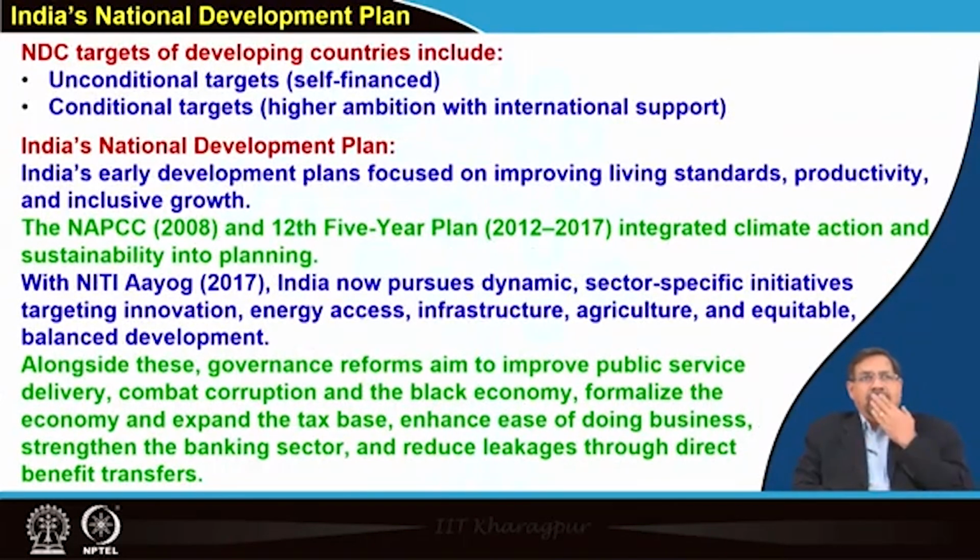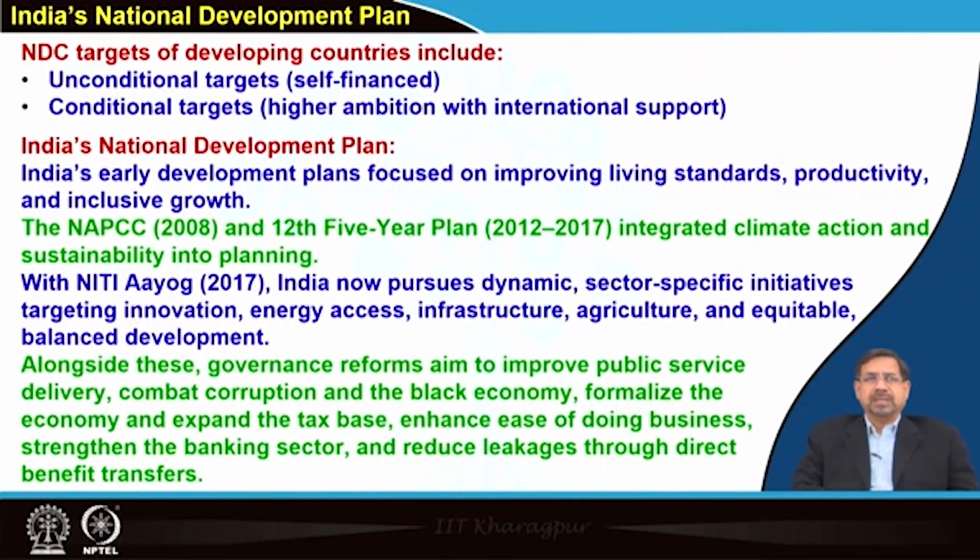As far as India's national development plan is concerned, NDC targets of developing countries include conditional and unconditional. Unconditional is self-financed, and conditional is with international support. India's national development plan focuses on improving living standards, productivity and inclusive growth.